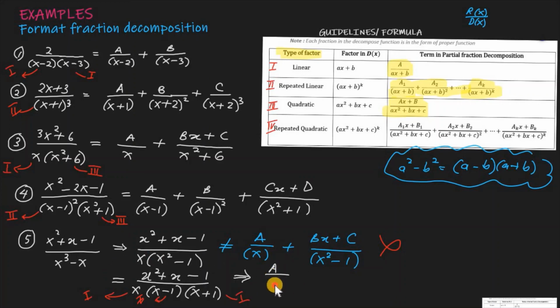It is a form of a over x plus, whenever the denominator is a linear form, the numerator receives a constant value. I may call it A, B, C. So B for the second linear factor, and C for the third linear factor, which is not repeating. So you have to get the format of the decomposition correct before we integrate later on. Refer to these notes if you forgot how to decompose our fractions.